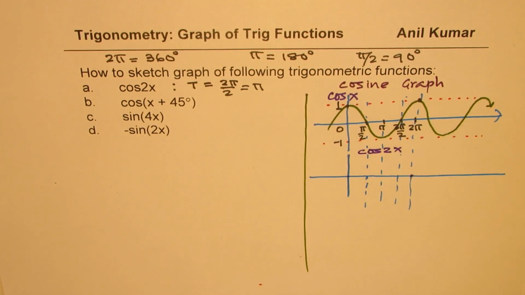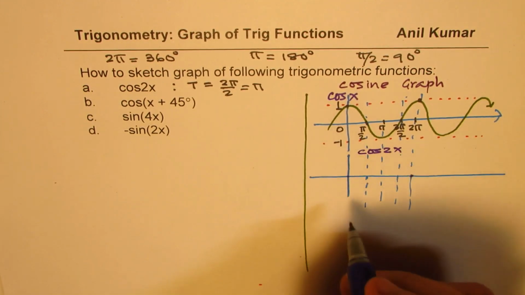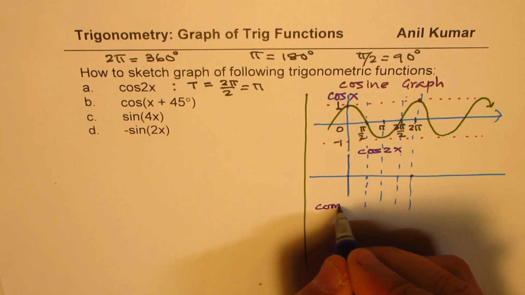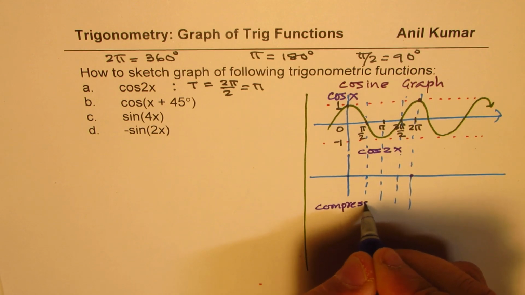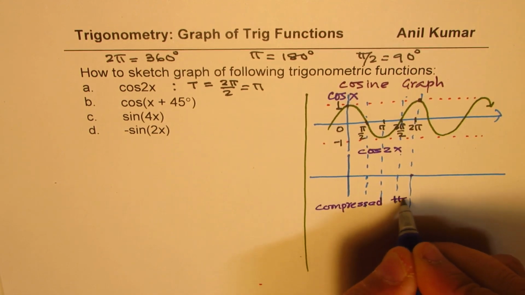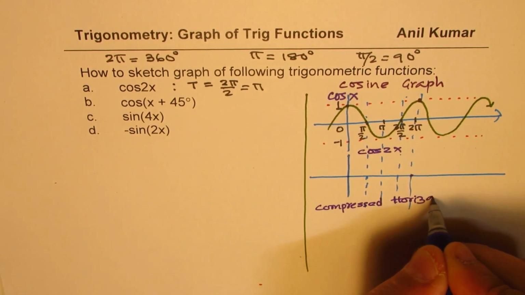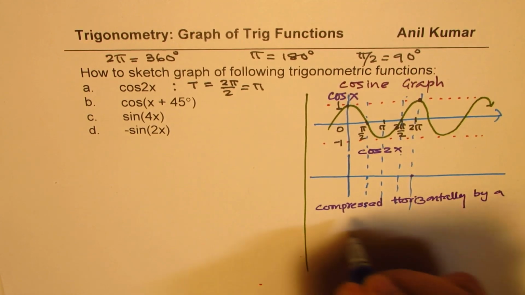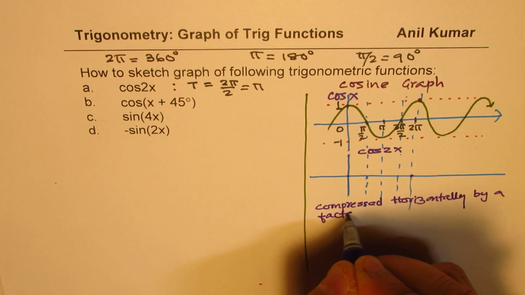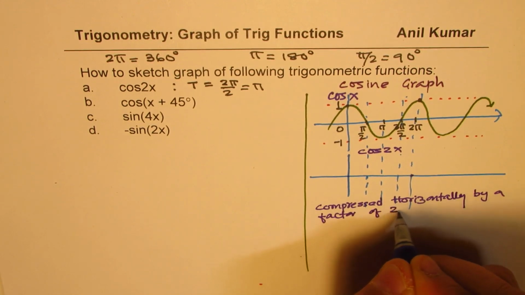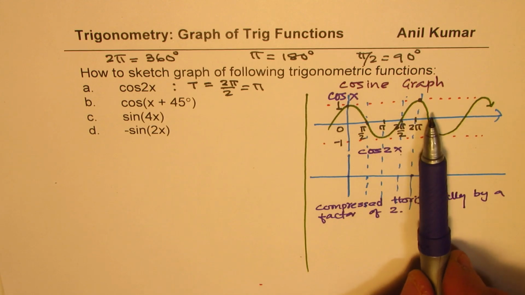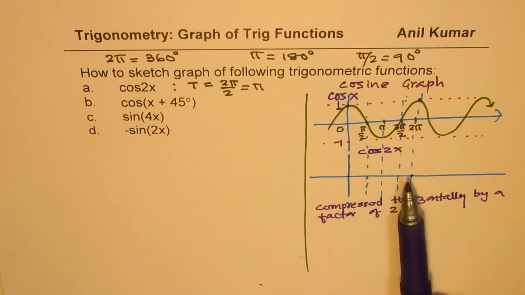So it gets compressed. Cos of 2x really means compressed horizontally by a factor of 2, right? So it gets squeezed in, and 2 waves will come within this period.